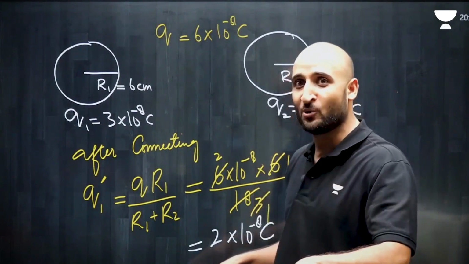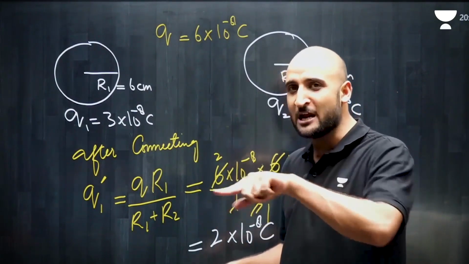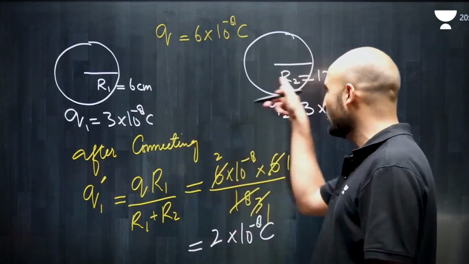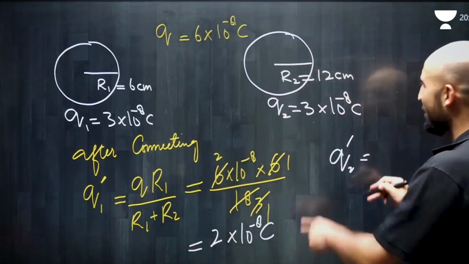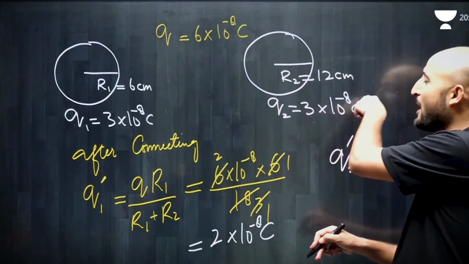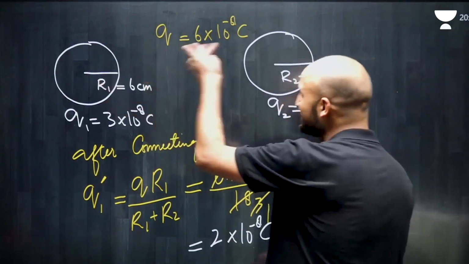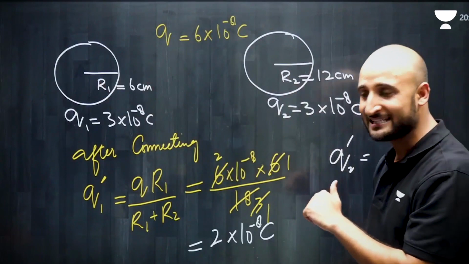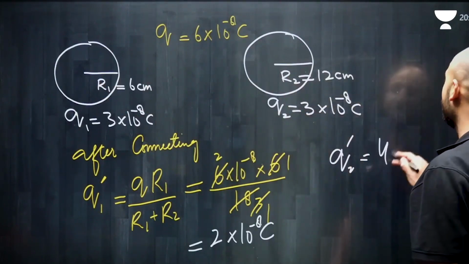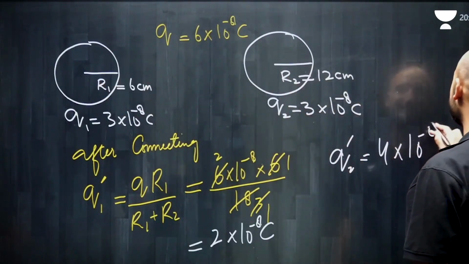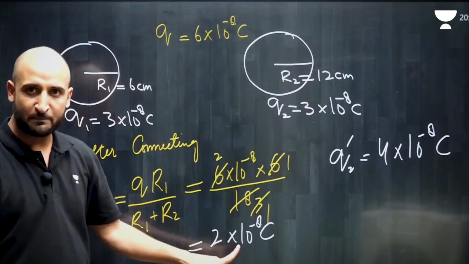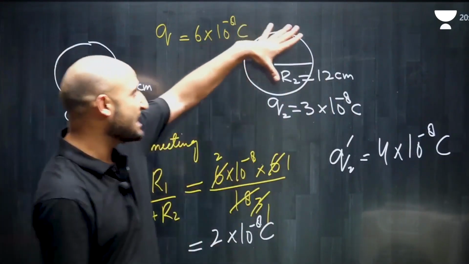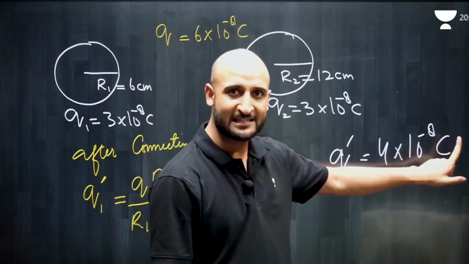That 1 into 10 power minus 8 coulomb goes here, so Q2 prime will be what was initially 3 into 10 power minus 8, plus 1 into 10 power minus 8 that has come, which is 4 into 10 power minus 8 coulomb. So the final charge on this sphere is 2 cross 10 power minus 8 coulomb, and on this sphere is 4 cross 10 power minus 8 coulomb.